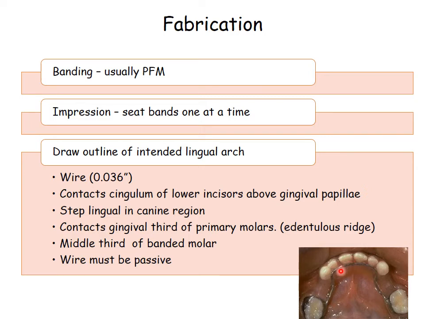Then a step lingual in the canine region, after which it should contact the gingival third of the primary molars if present, or the edentulous ridge, and then end at the middle third of the banded molars. The wire should be passive and not active.